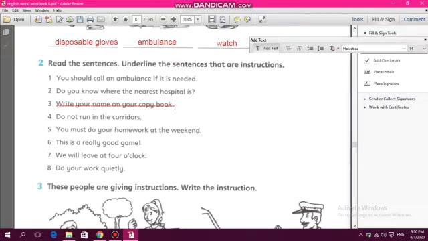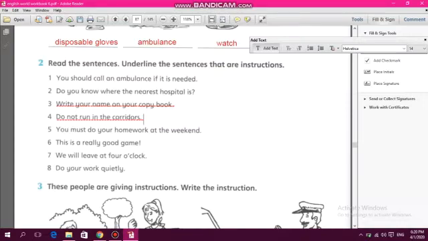Don't run in the corridors. Of course كمان عندي هون فيها instruction. Don't run, عم بيعطي تعليمات. You must do your homework at the weekend. هون أنا ما أعطت تعليمات. I'm here giving you an advice for example, بس ما فيها instruction ولا بلشت بالفعل. This is a really good game.